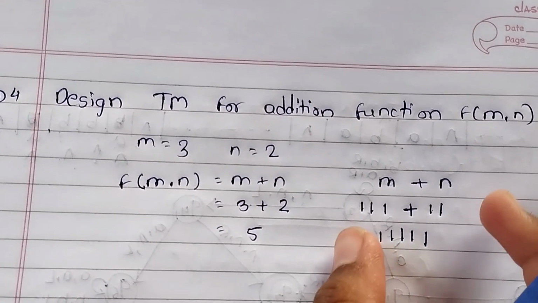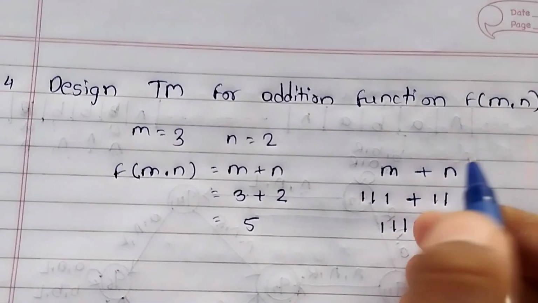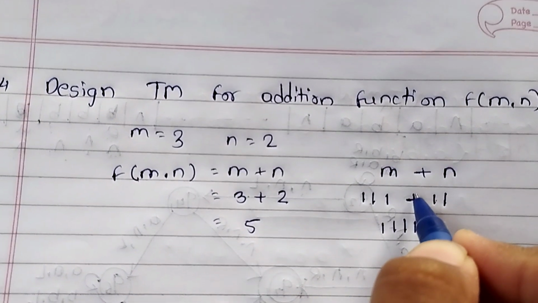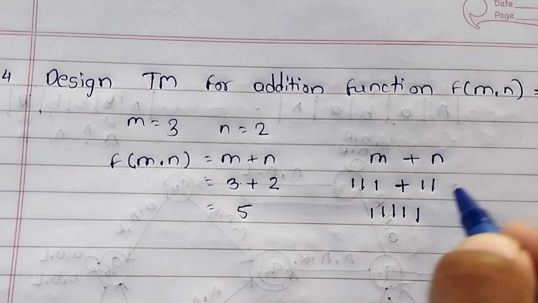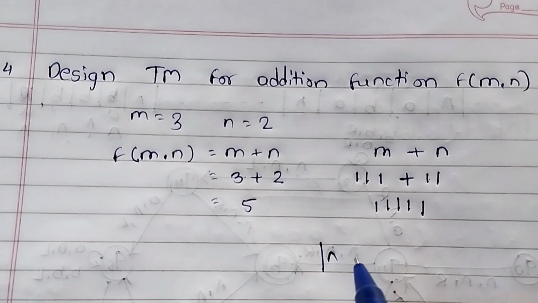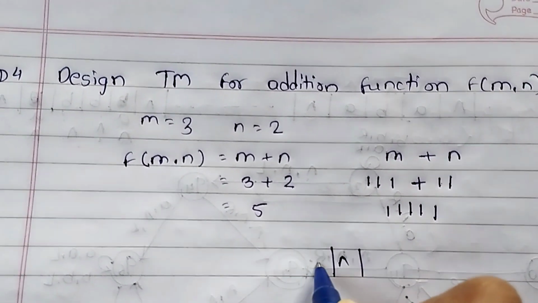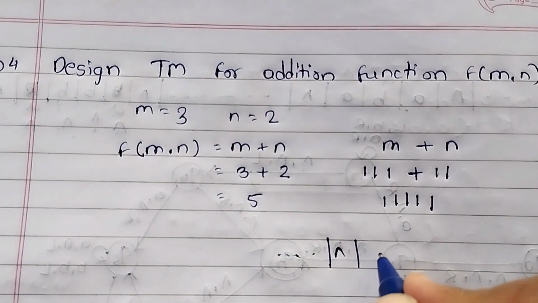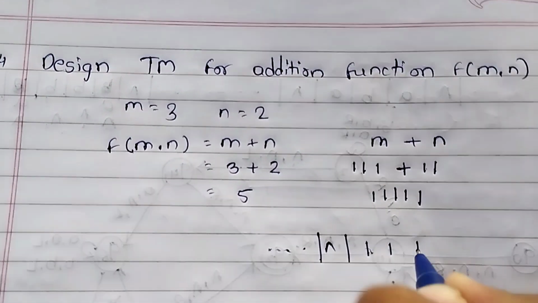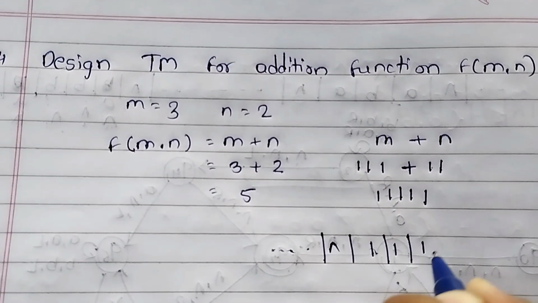Now for this we draw the Turing machine. So here the symbol is plus. You take null also for this. If you want to construct the tape, the tape starts with null. Then our 1, 2, 3. These 3 ones are m.